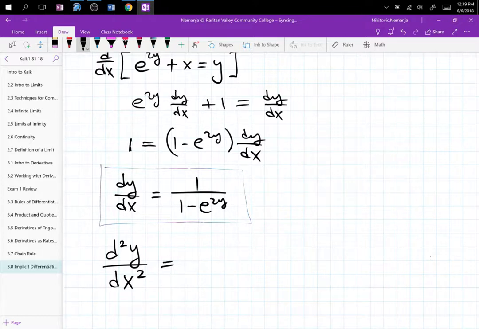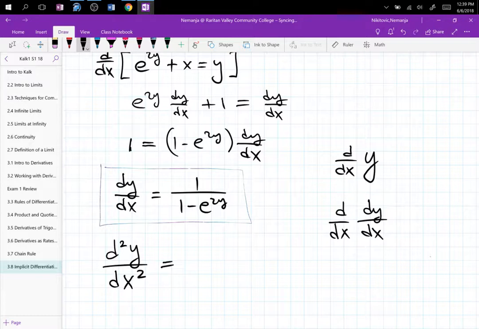So please observe. You have to see this, guys. So you have function y, and you want to take the derivative of it. It becomes dy/dx. And then you want to take another derivative of that. Right? d/dx is the instruction.